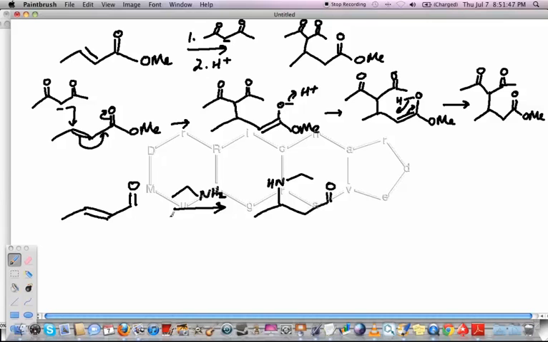Alright, let's take a look at the amine reaction. So amines are soft nucleophiles as well. So it'll attack the 4 position of the alpha-beta unsaturated carbonyl system.